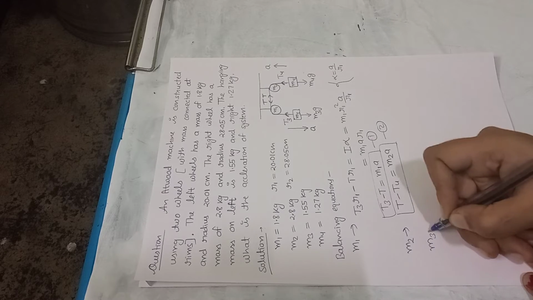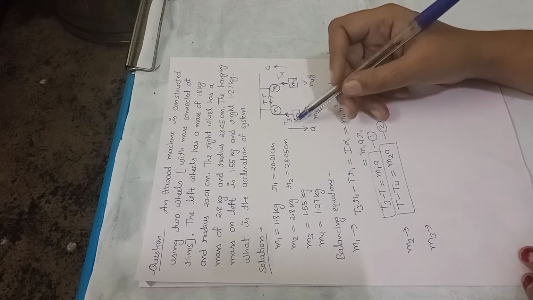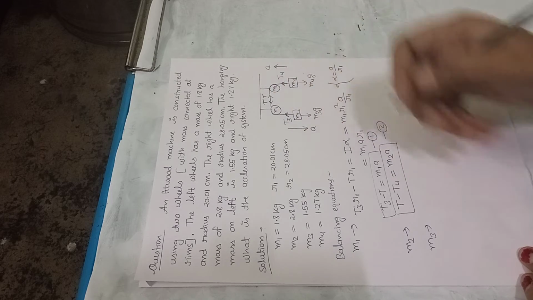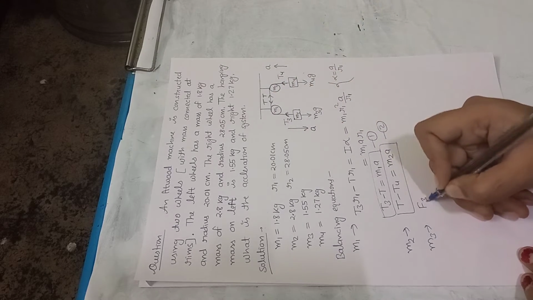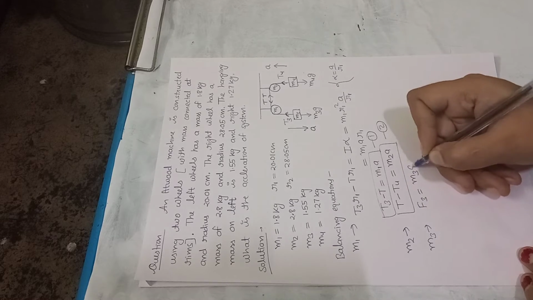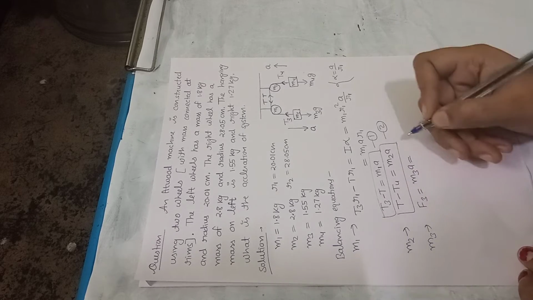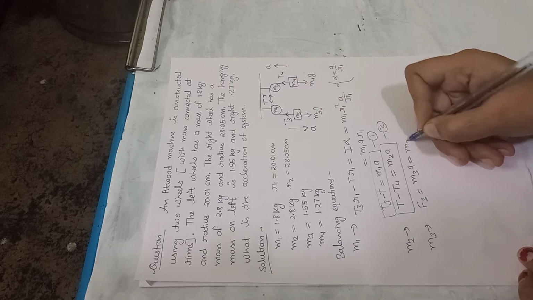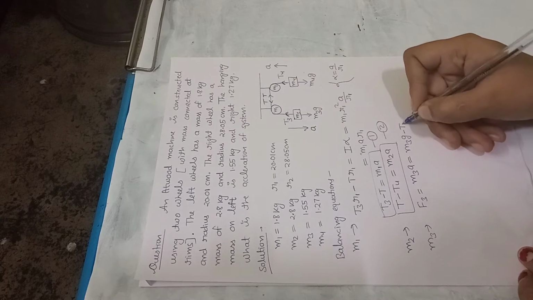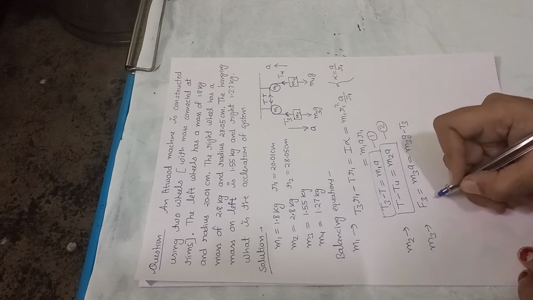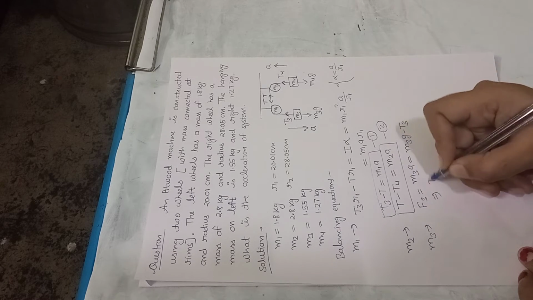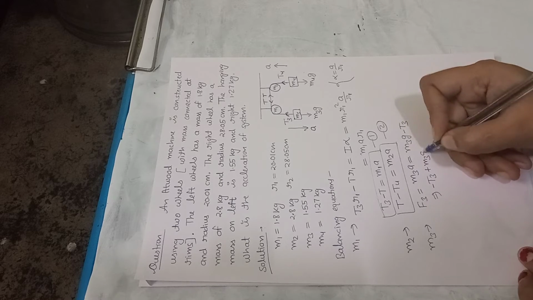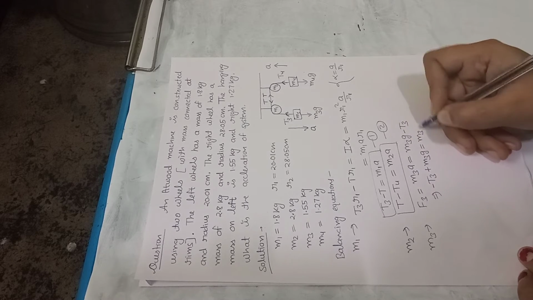For m3 the balancing equation: the m3 mass is moving downward with the acceleration a, so we can write F3 is equal to m3a is equal to m3g minus T3, as the force is more. We can rewrite this equation as minus T3 plus m3g is equal to m3a.